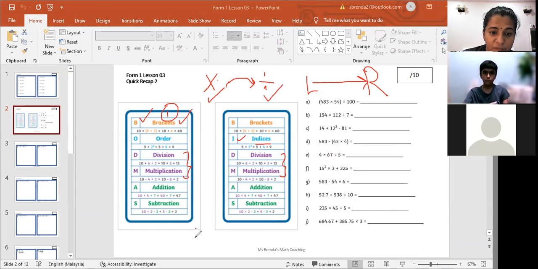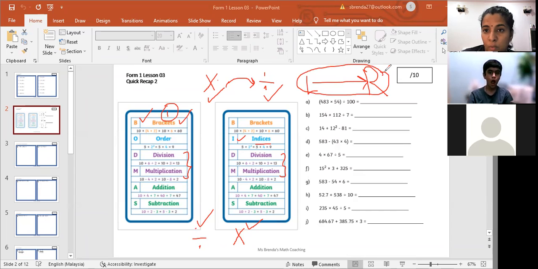If you see a division first and then a multiplication, because they're in the same category, you do the division first, then only you do the multiplication. You follow the second rule, the one that says from left to right. That's why both of them are in the same color code.